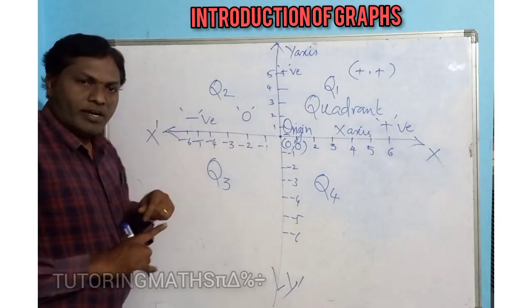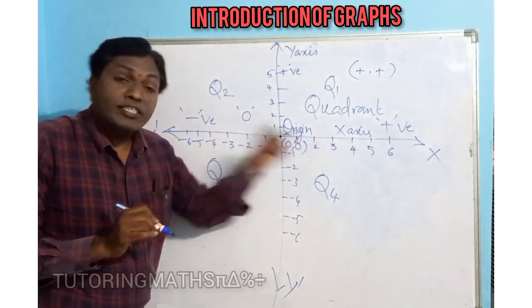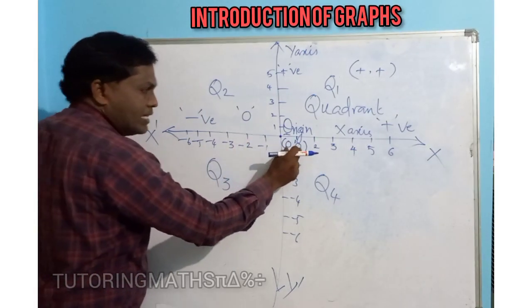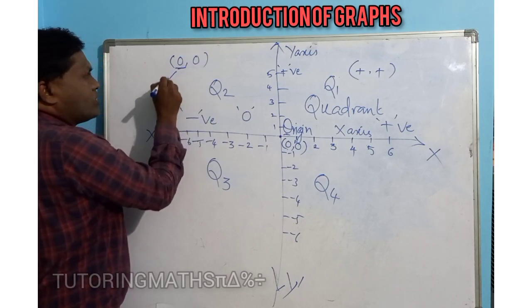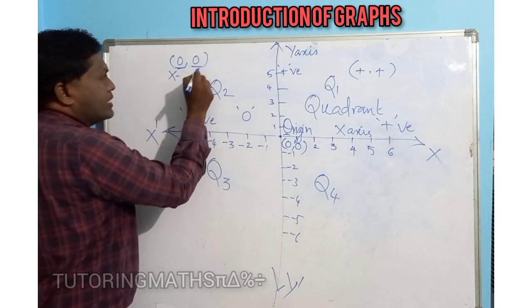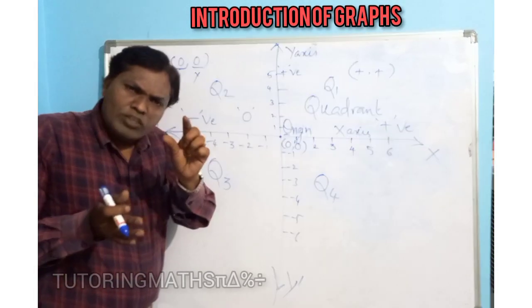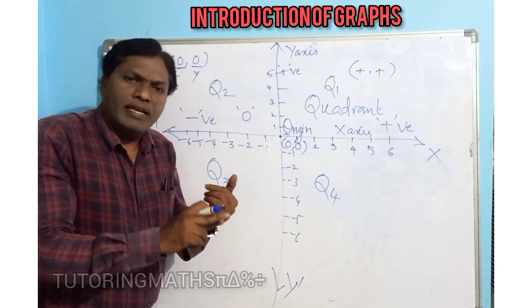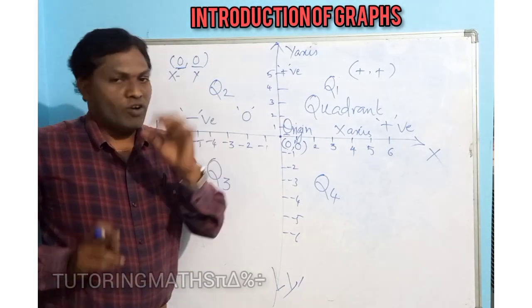Coming to the second quadrant. Always we have to take the first coordinate as the x coordinate, because in 0, 0, the first one is called the x coordinate and the second one is called the y coordinate. Always the first value should be the x coordinate, and the second value is called the y coordinate.